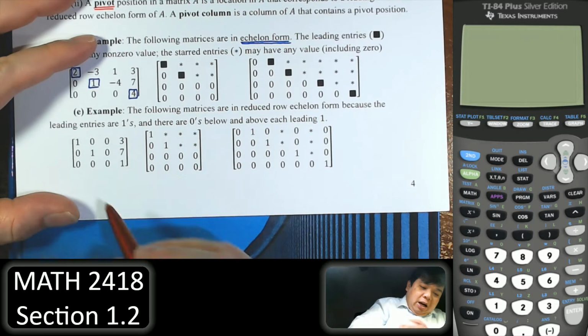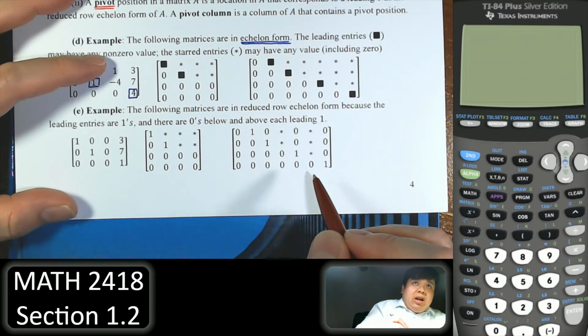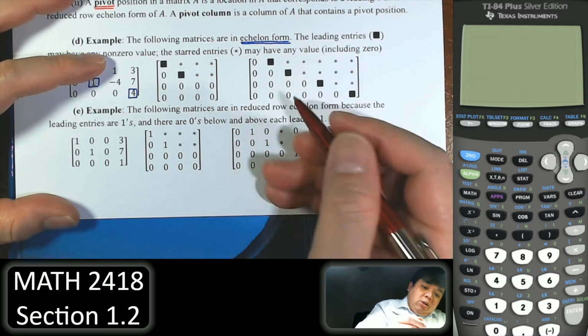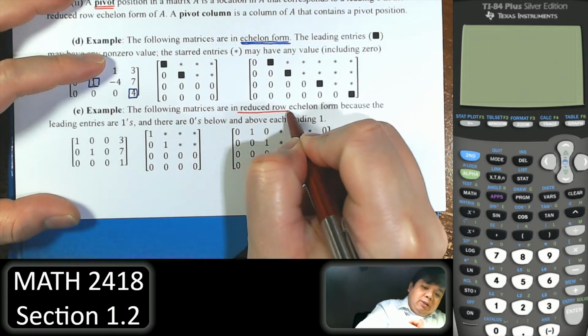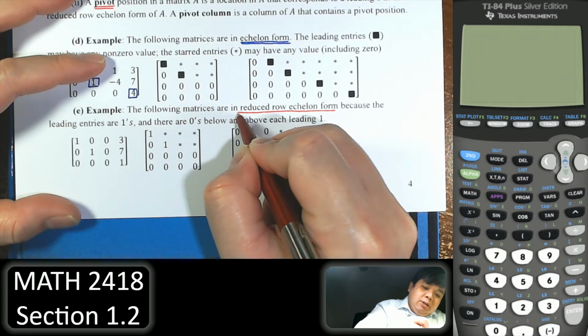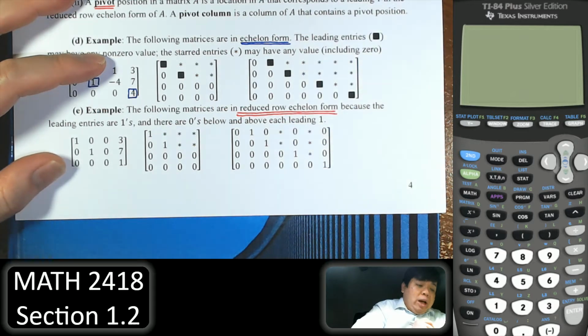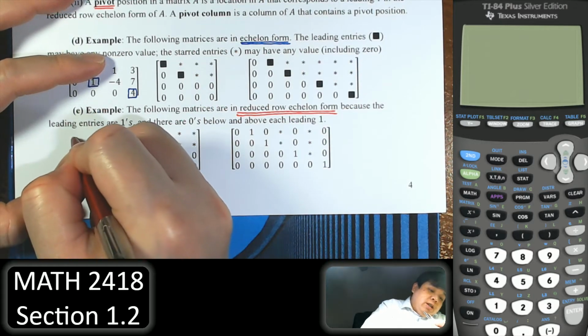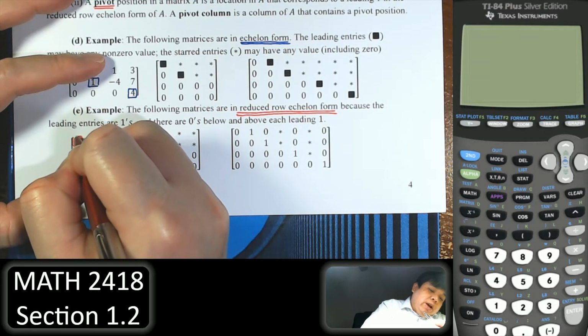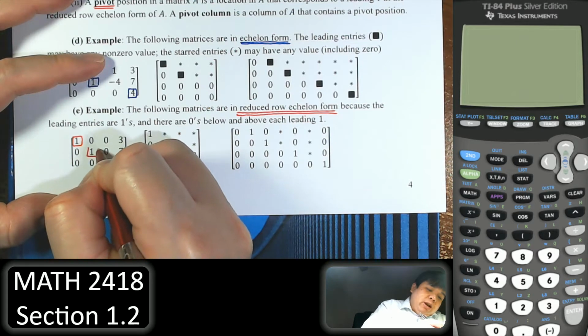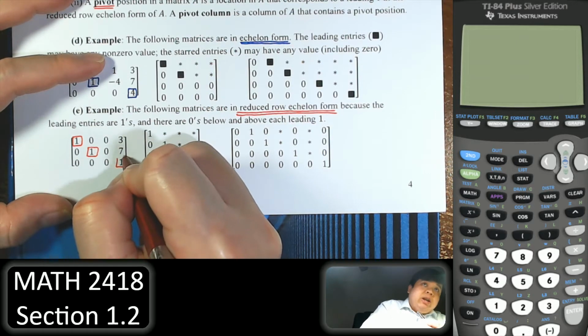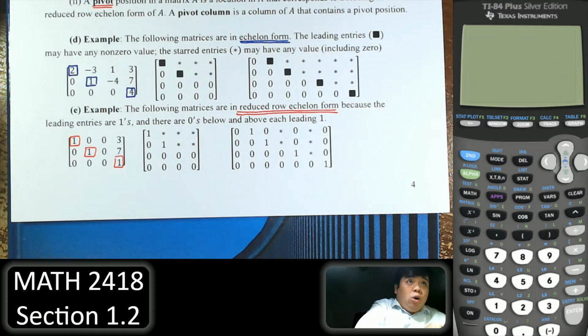Now, the next matrices are in reduced row echelon form. In that case, we look for the first non-zero entry. This one, the first non-zero entry, the first non-zero entry, all of those are 1.